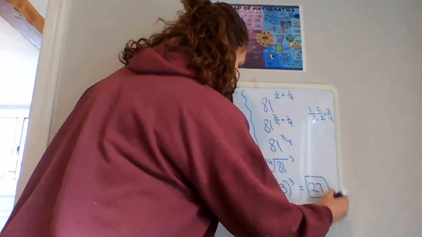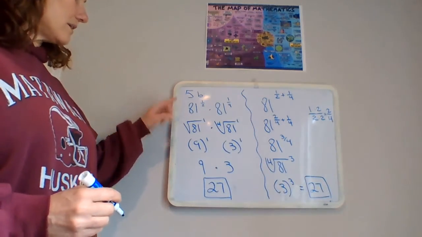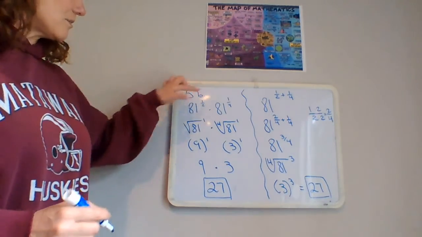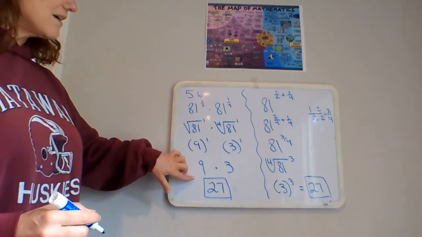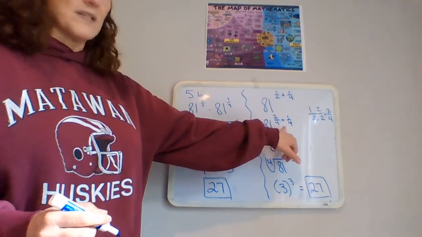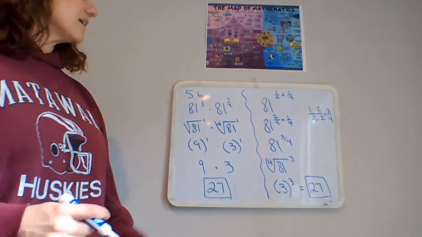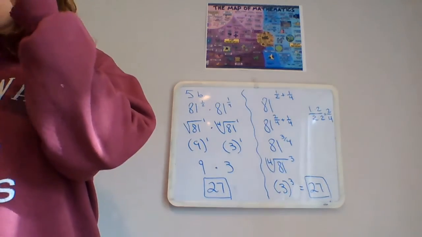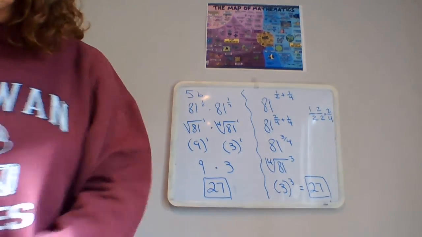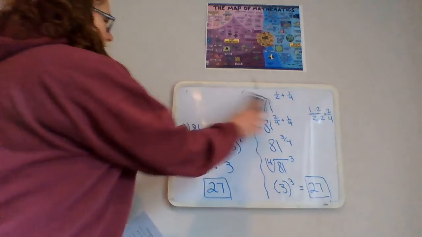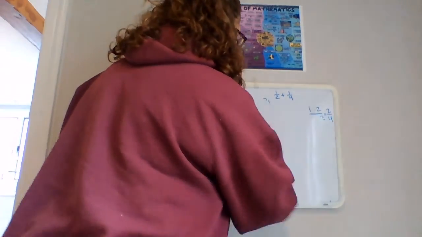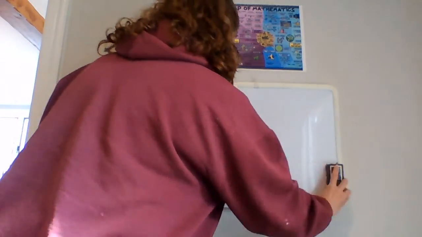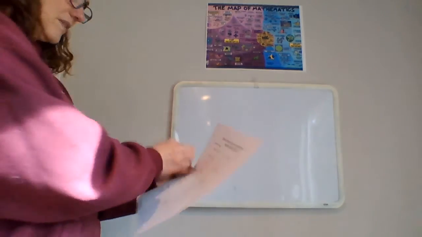So you get the same answer whether you do it by evaluating the 81s to the powers first and then multiplying, or using rules of exponents and evaluating at the end. This question had 2 different ways you could do it, which was nice. Moving on to number 6. 6A.